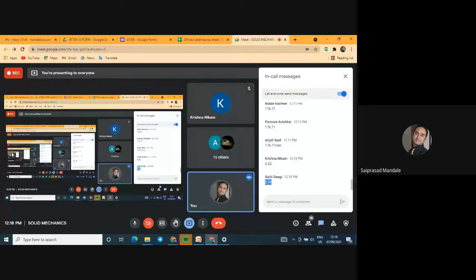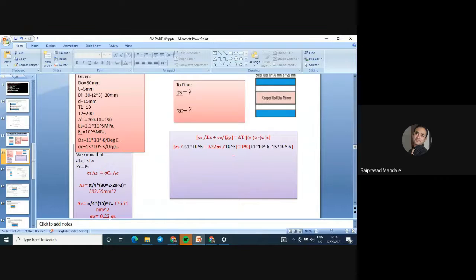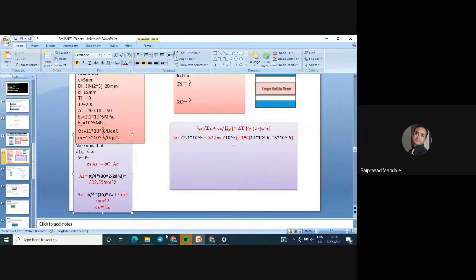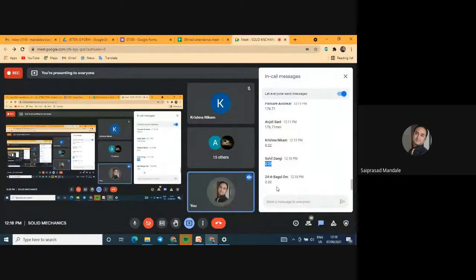I have its value as 2.22. Here I'm going to put 2.22. No, 2.22. Krishna Nikam, you are somewhere wrong. Okay, very good, Child Dangi and Bagulum. Very good. It means you are calculating.